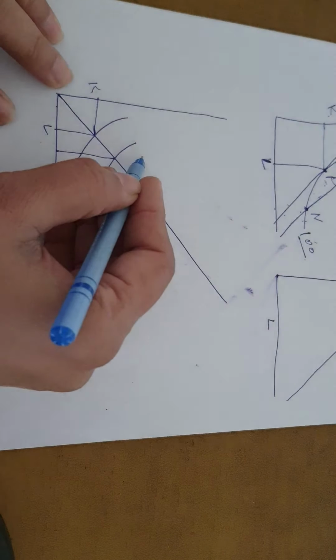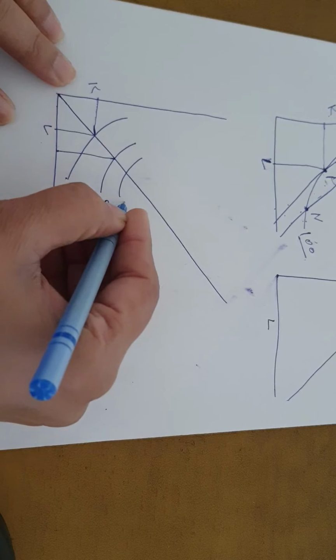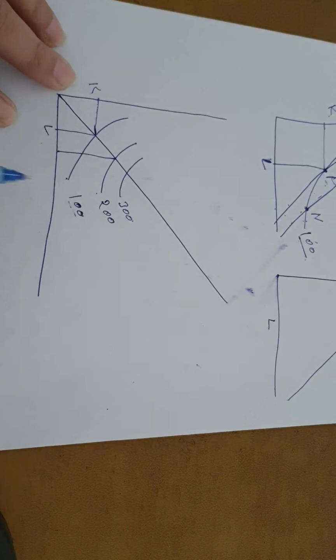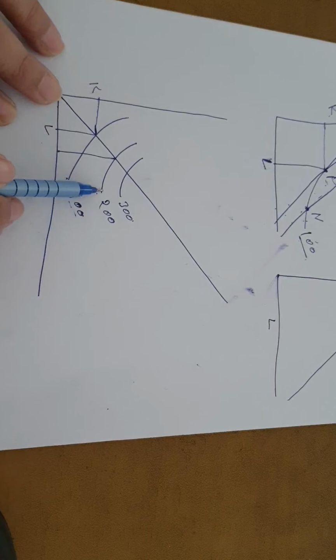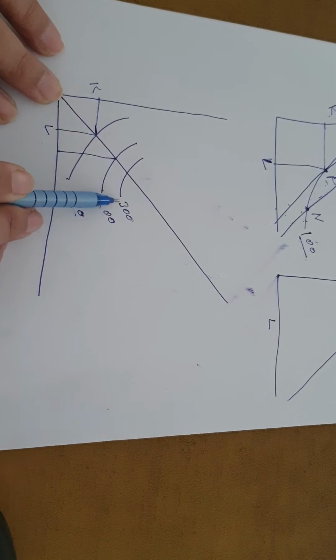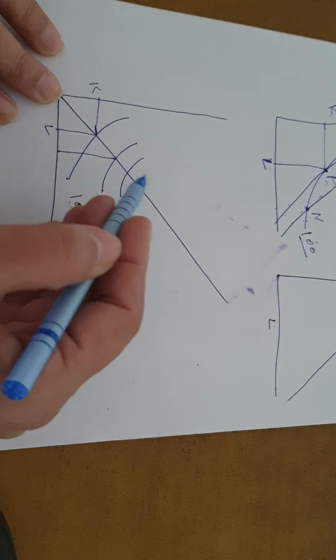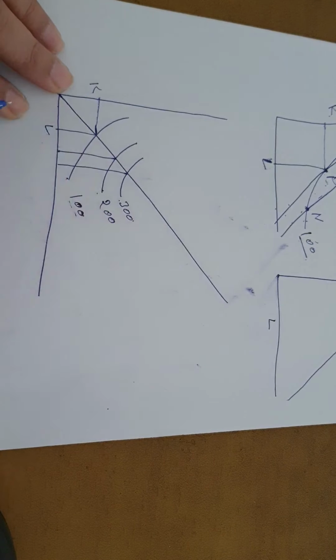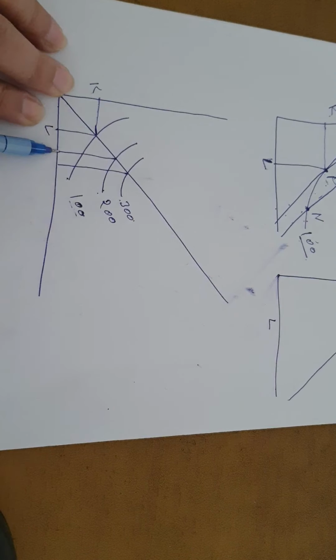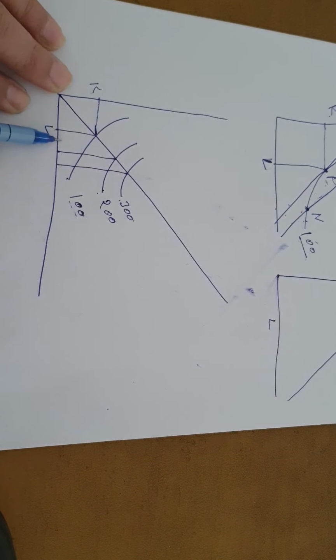Again, if we want to produce more products, suppose again by 100 units I am increasing my production, and if you compare with the previous situation, now for producing the next 100 units we need even less labor than the previous situation.